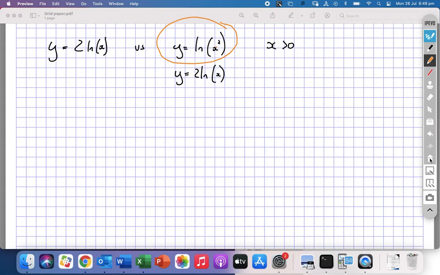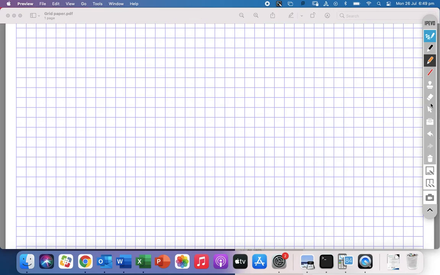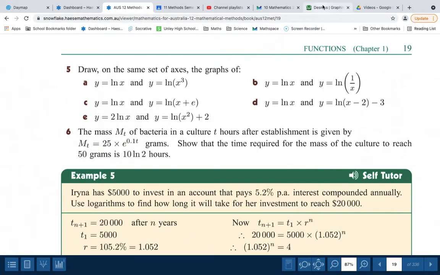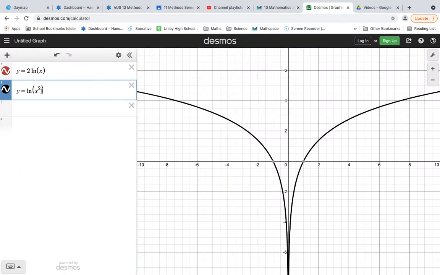So the graph should actually reflect that, and I might just use Desmos to show that. Desmos, I was doing this earlier here. So you can see here y equals log of x squared also includes negative x values, right? As opposed to if I just use 2 log x, I can't have logs of negative numbers, and you will only have quadrant 1 and 4 showing.